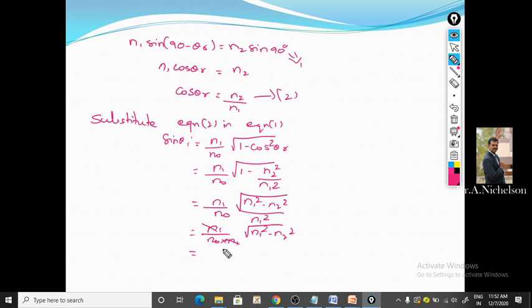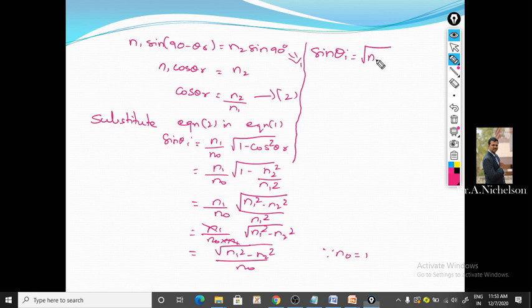Here n1 is the refractive index of the core, n2 is the refractive index of cladding, and n0 is the refractive index of air. Since n0 is equal to 1, you can write sine theta i is equal to square root of n1 square minus n2 square.